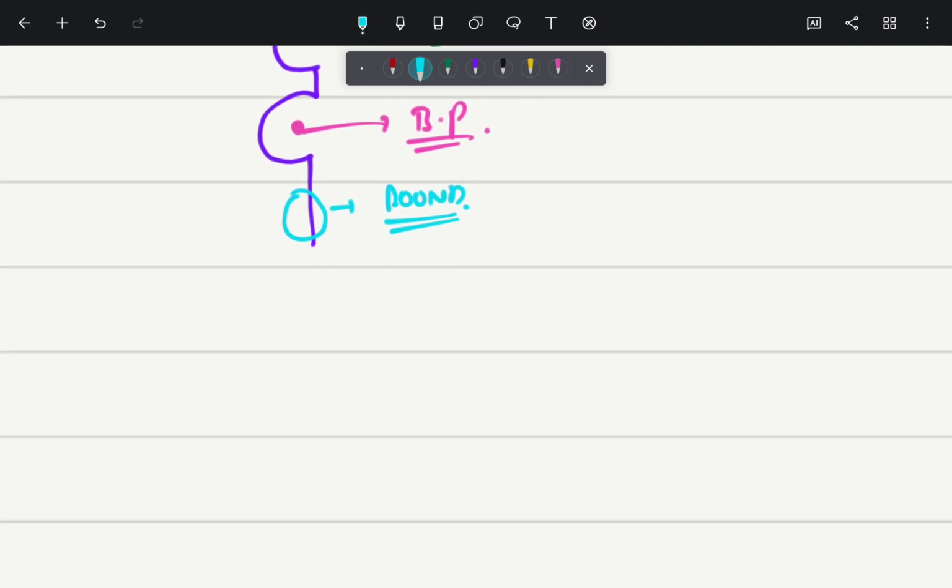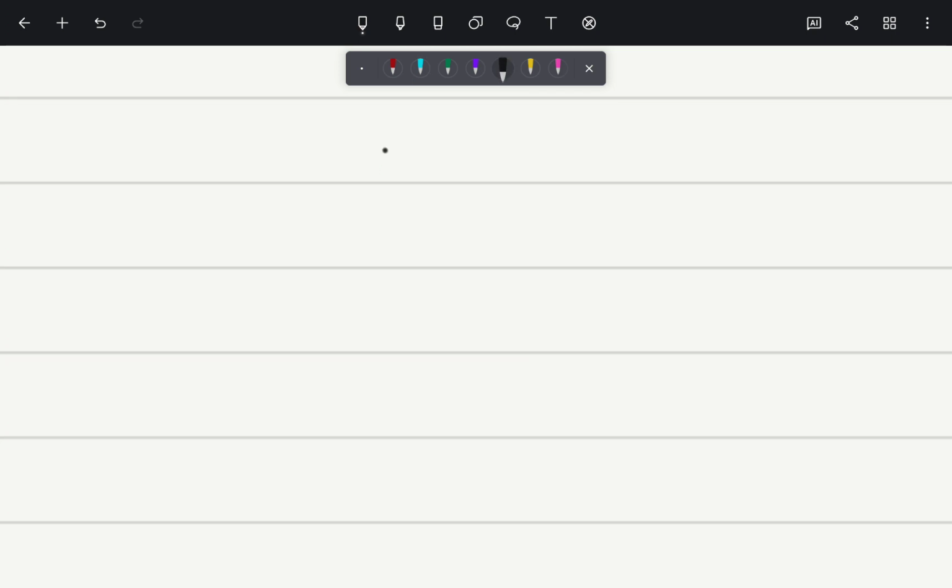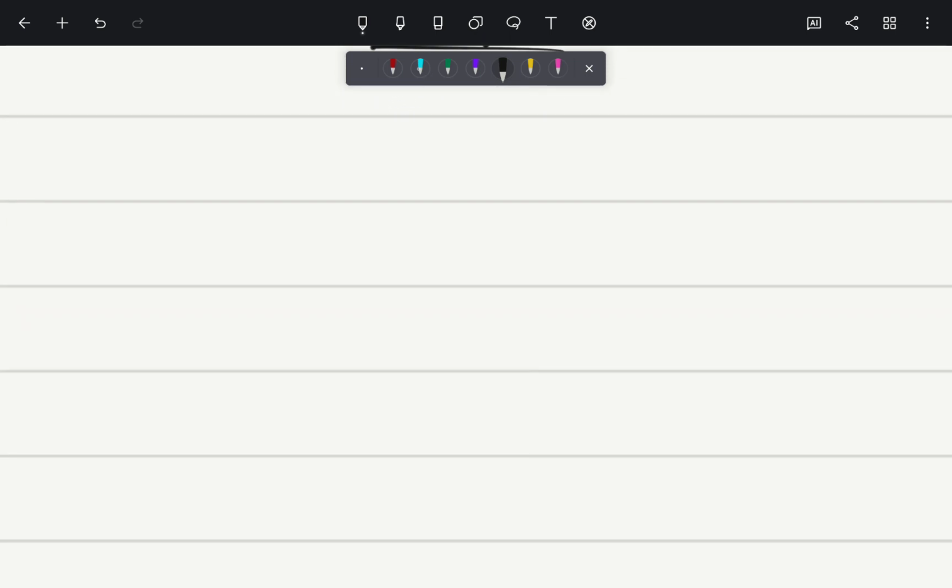Next, we will talk about the floor of the middle ear, the structures which are present at the floor of the middle ear. Once again, we have to draw the middle ear here. So this is the middle ear. In order to understand this, we have to draw the mastoid process.